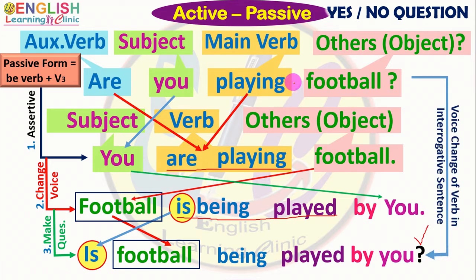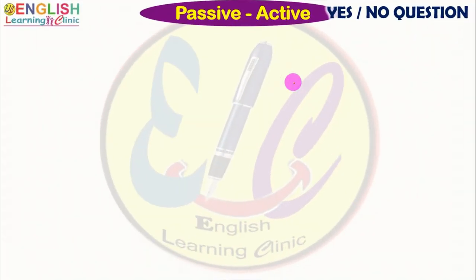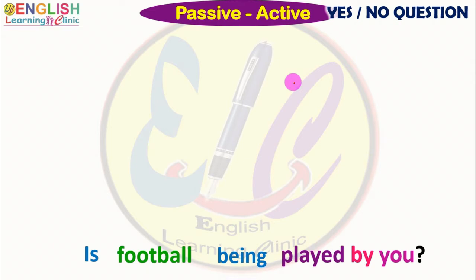Now, let's learn just the opposite process. That is, how to change the passive form of a yes/no question to the active form of the verb. This is the sentence. This is an interrogative sentence. The note of interrogation clearly shows that.